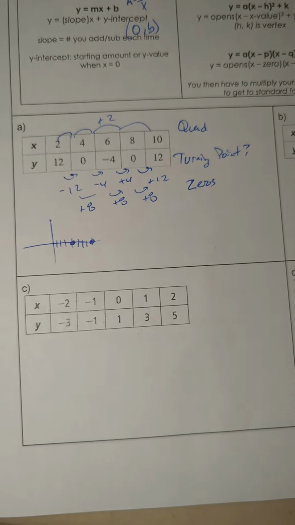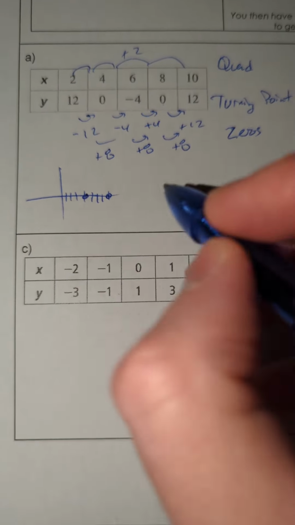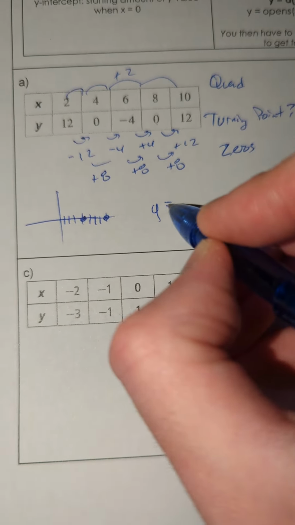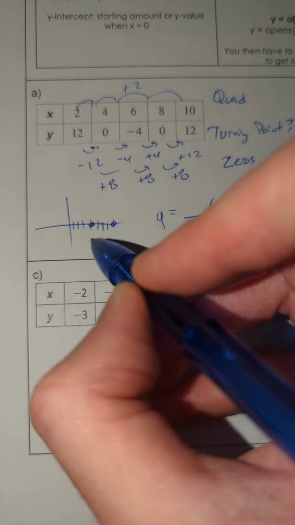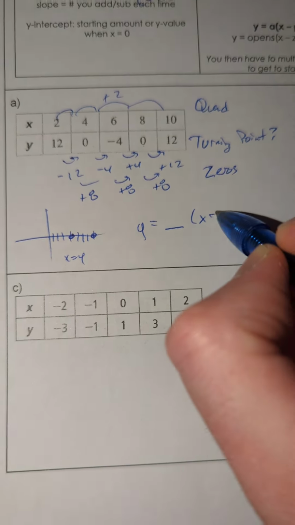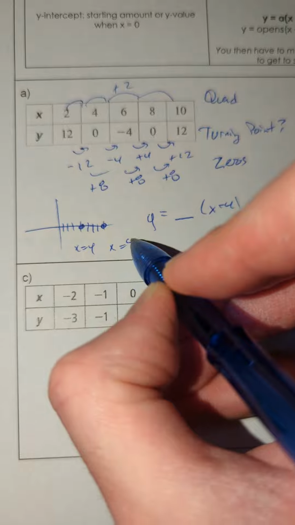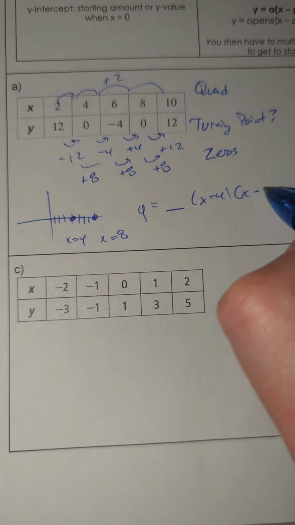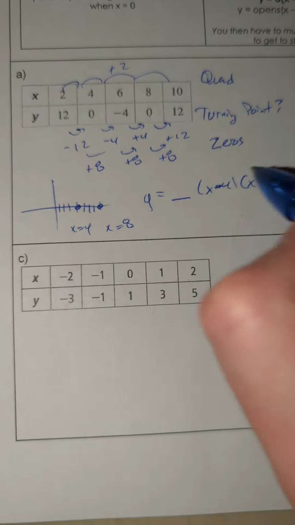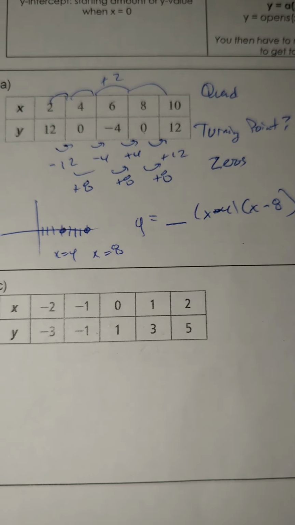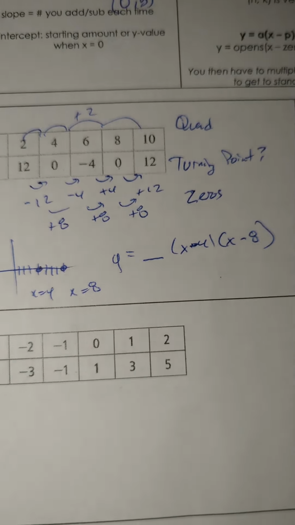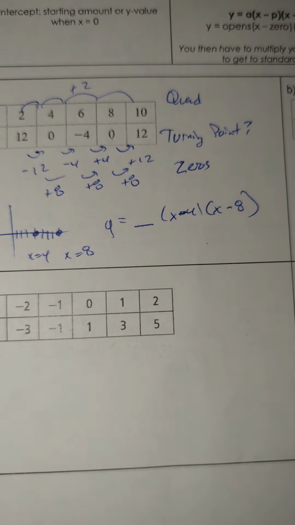And you know from your previous unit that I would be able to say y is equal to some a value times x, well, if this is x equals 4, it needs to be x minus 4, x equals 8, x minus 8, minus not plus. Now I don't know an a value, but what I could do is I could pick any point and plug in, and I should be able to get my a value.